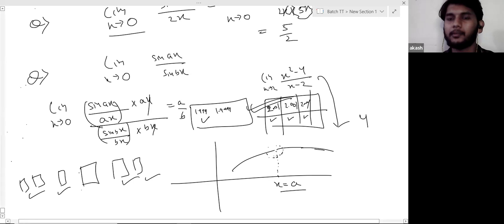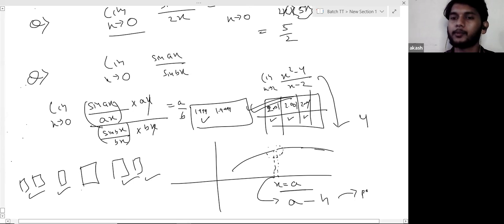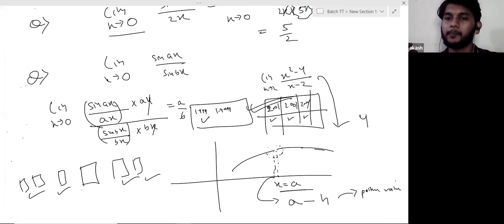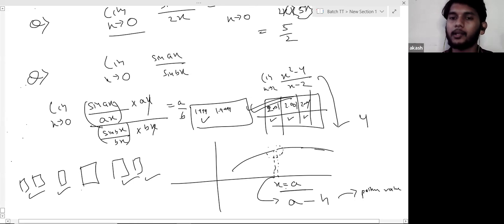So this is what a limit basically is. We do not find the value at x equals to a. What do we do? We go to its neighborhood. And the neighborhood is a minus h. What is h? A small positive value. Why small? Because the closer we come to Sahel or x equals to a, the better our estimation would be. So this is why this is called LHL, left hand limit, because we move from this side.